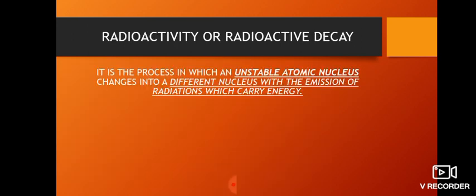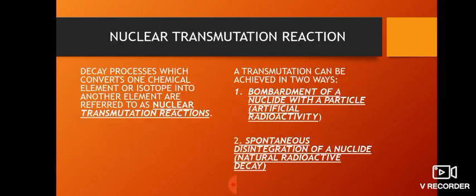We also described the types of radioactivity to be natural and artificial. We saw what a transmutation reaction is, when we convert one chemical element into another chemical element. We saw that transmutation reactions can be achieved in two ways: through artificial means or natural means.